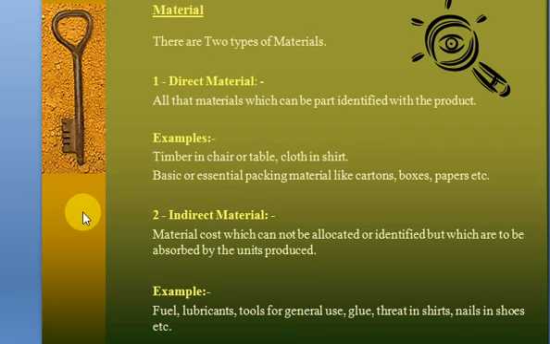Like in manufacturing of vehicles, aluminium, tires, and seats are the direct materials used in manufacturing of vehicles.